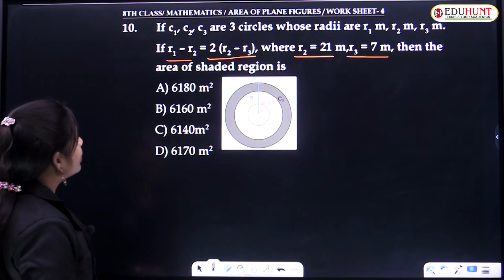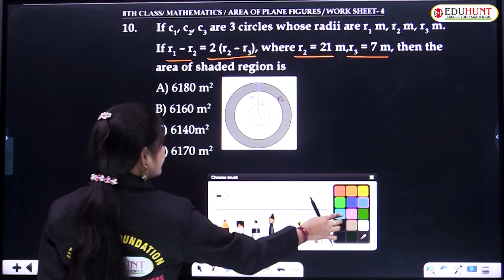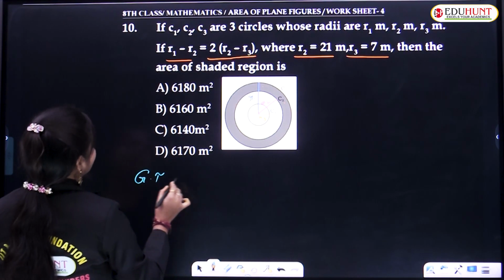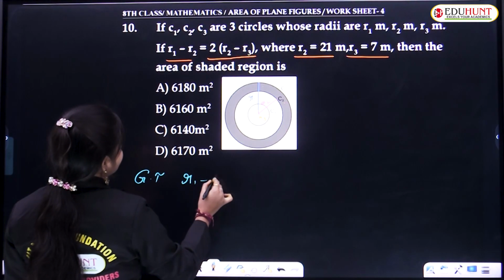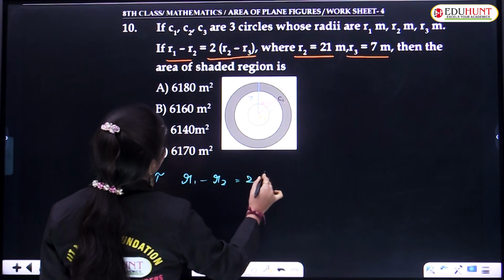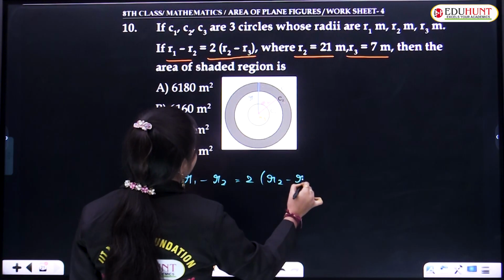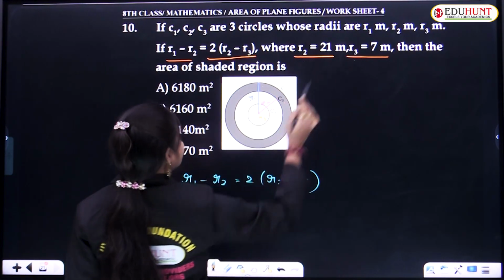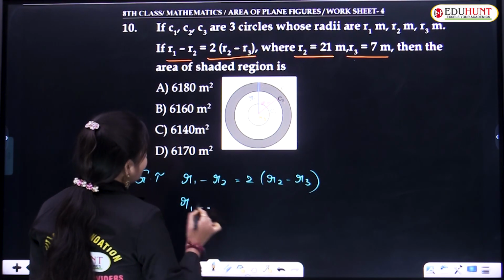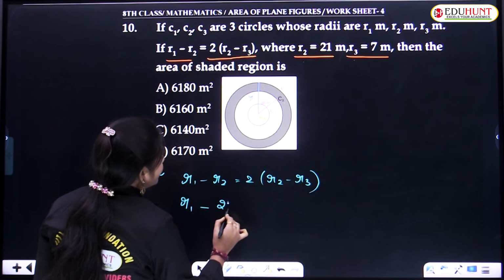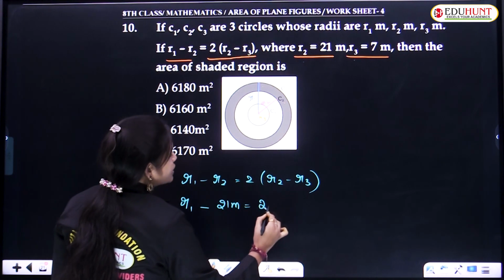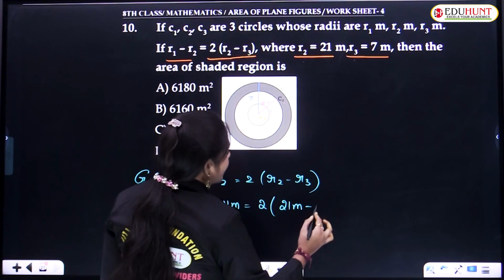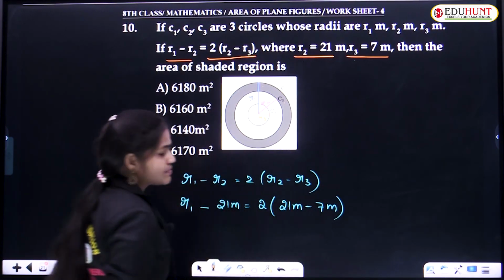Okay, now here what they are saying, what they given, that R1 minus R2 is equal to 2 into R2 minus R3. Okay, and in the same way R2, R3 values they given. See here, R1 minus 21 meters is equal to 2 into 21 meters minus 7 meters.